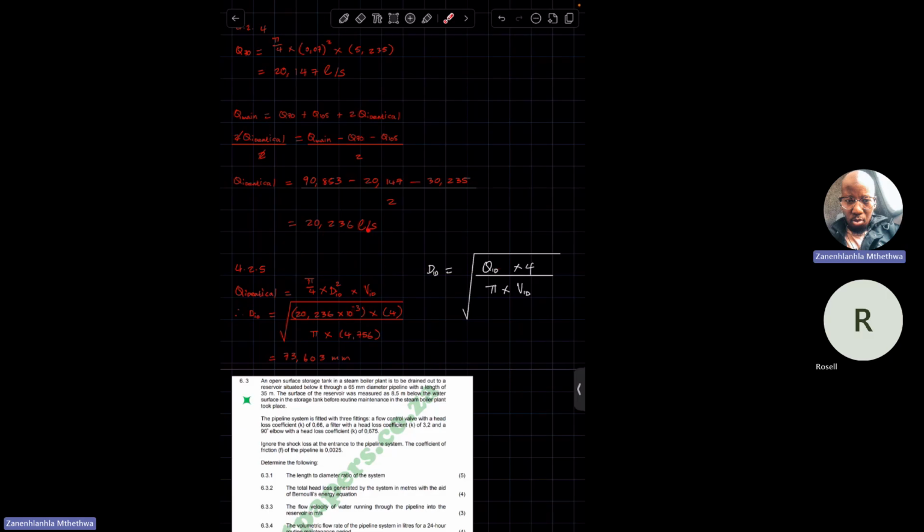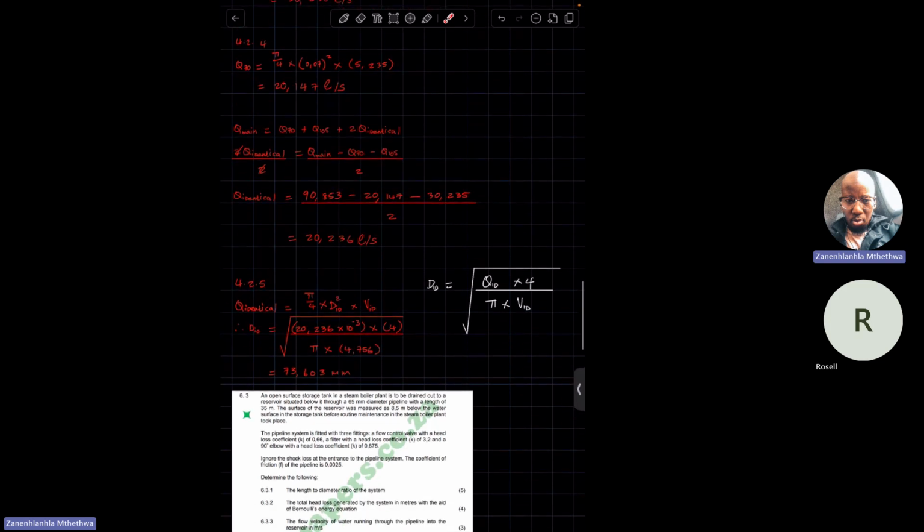Remember, this was expressed in liters per second, but in use here, it has to be in cubic meters per second. You must use it in its standard units of measurement. So, in converting from liters per second to cubic meters per second, you then divide this by 1,000. That is where this comes from. Are we together there? Yes, sir. Right, and then that times 4, which is this one, divided by the pi, which is this one, times the velocity that is given, which is 4.756 meters per second.